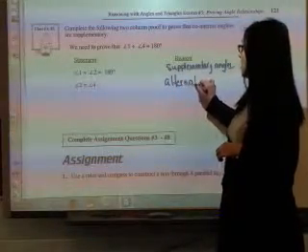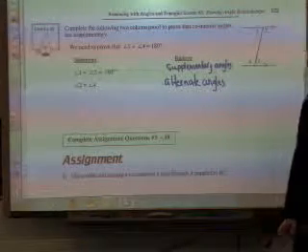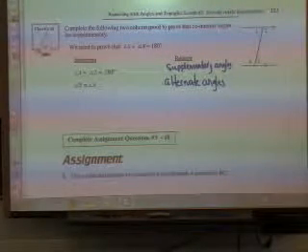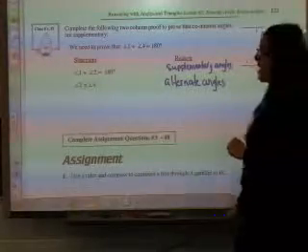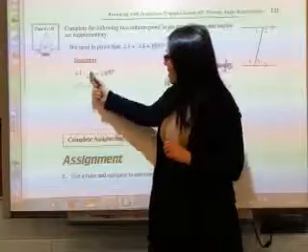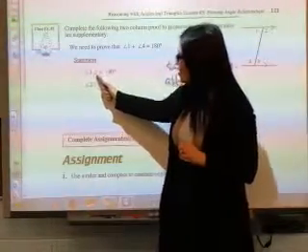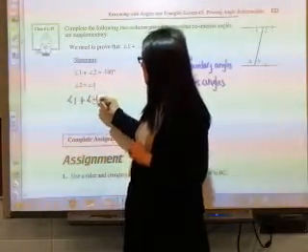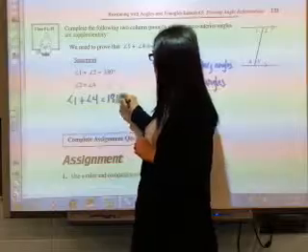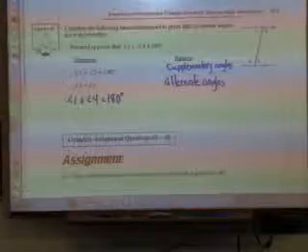So that becomes another fact. So I now have that angle 2 equals angle 4 because they're alternate. And if angle 2 equals angle 4, if I substitute that into the above statement, I would get that angle 1 and angle 4 equals 180 degrees.